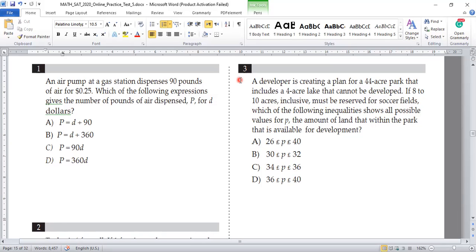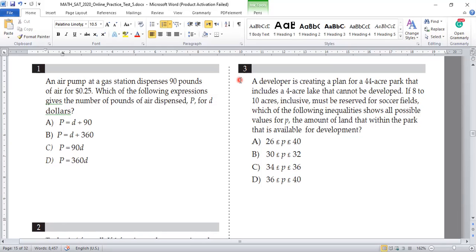Pound symbol, it's inequality. Actually, this is less than. Oh, less than? Oh, yes, because that is talking about the inequality. 26 is less than P is less than 40. So P lies between 26 and 40, and P lies between 30 and 32, and so on. Okay, so that means less than.